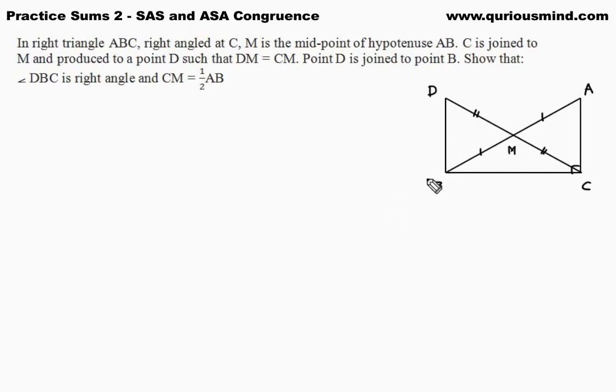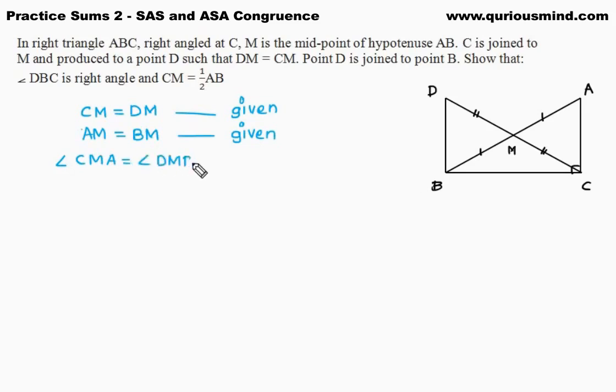Now from the information which is given here, we can see that these two triangles DMB and CMA are congruent by side angle side. So let's prove that first. Angle CMA is equal to angle DMB.